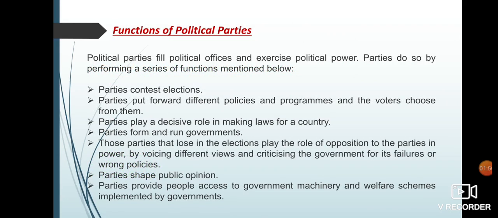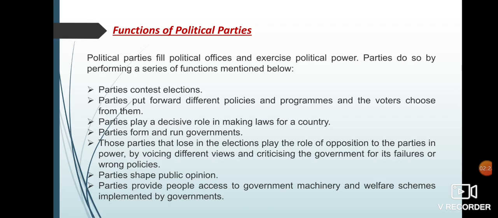What are the various functions of political parties? Political parties fill political offices and exercise political power. Parties do so by performing a series of functions mentioned below. Parties contest elections, parties put forward different policies and programs, and the voters choose from them. Parties play a decisive role in making laws for a country.